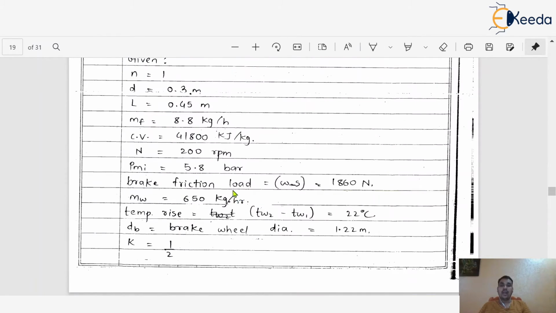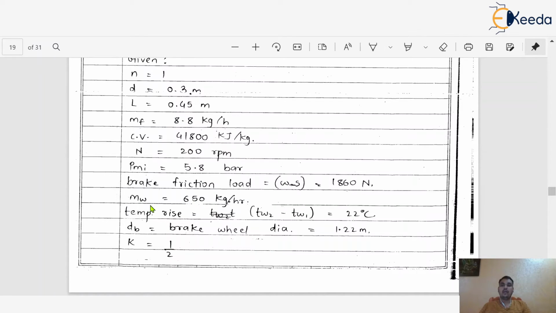Sometimes we can use W1 minus W2, sometimes we can use W minus S for the net brake load formula. So again here there is no need to calculate that one because the brake friction load is directly given, and that is equal to 1860 Newton.